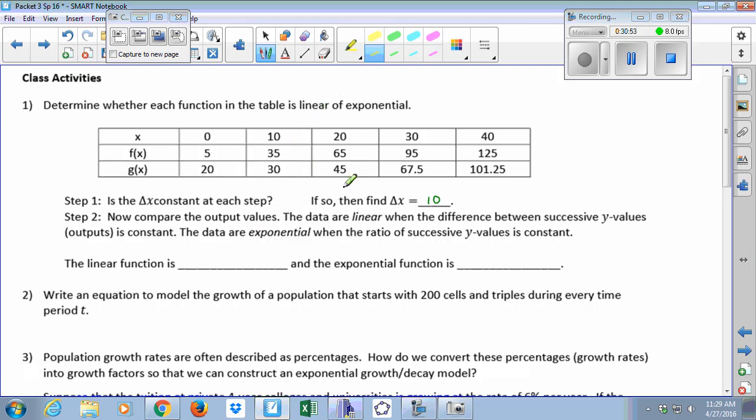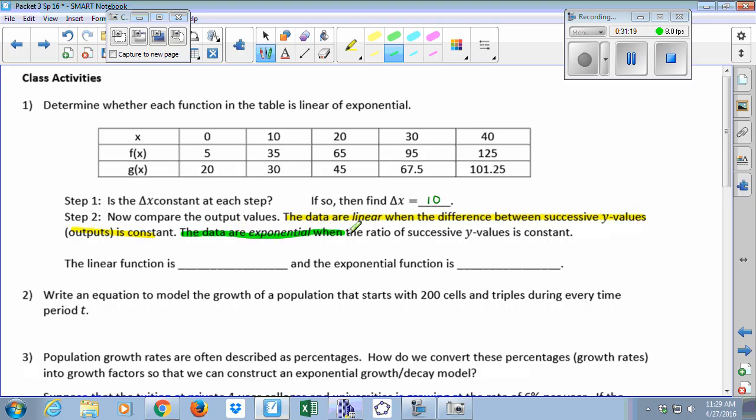Okay, now, as you know, in many of your class activities, Caitlin and I choose to continue to introduce new information. Okay, and this step 2 here has some really important ideas, these two sentences. The data are linear when the difference between successive outputs or y values is constant. Okay, we noticed that in the example we did in the class demo. So that's the kind of thing you should make sure you have in your notes or in your head somewhere.